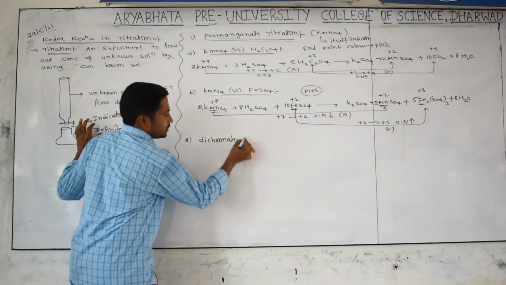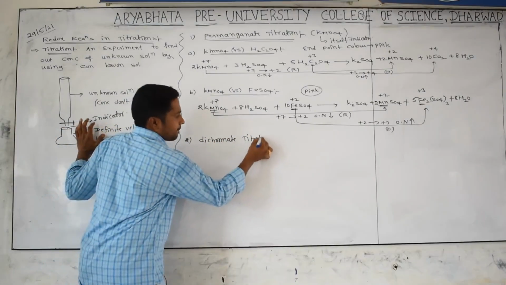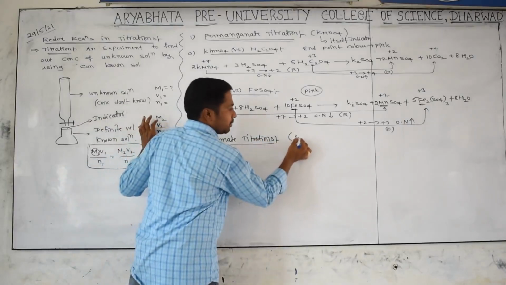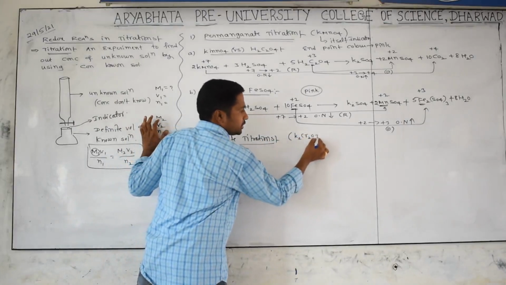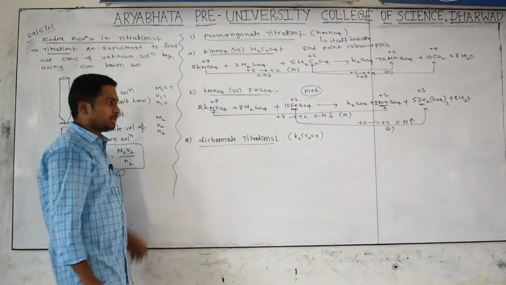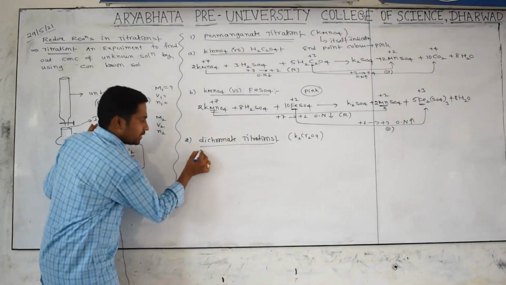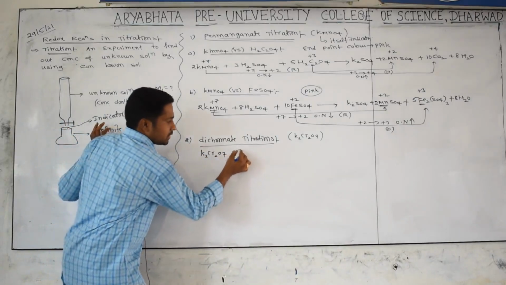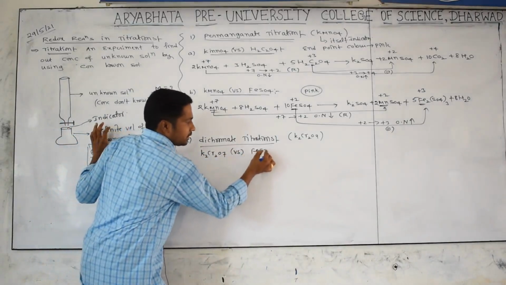Dichromate titrations. Dichromate titration means we are using potassium dichromate. Already we used it in salt analysis. Orange color crystals will be there. Here also only one will be there: potassium dichromate versus ferrous sulfate, FeSO4.